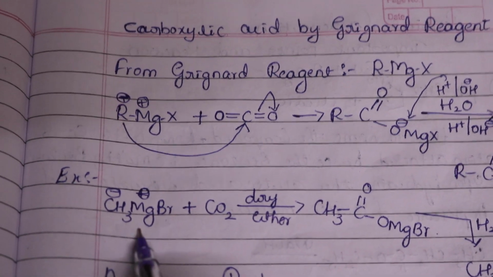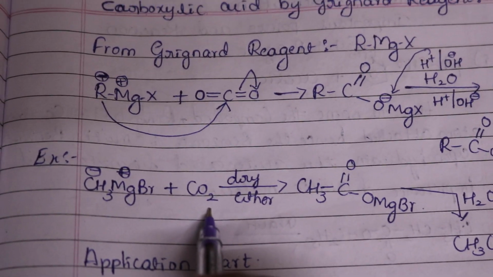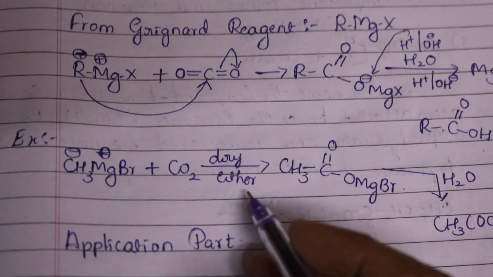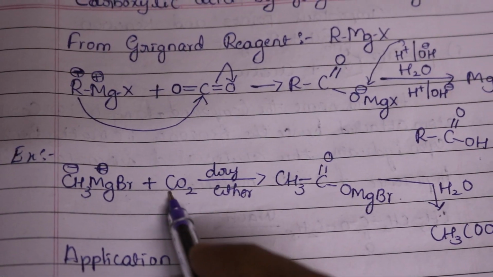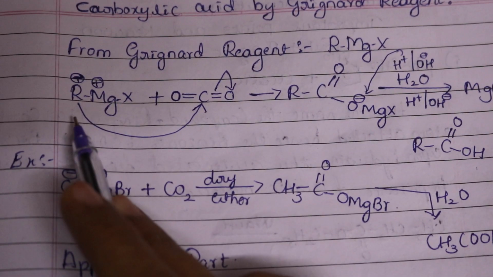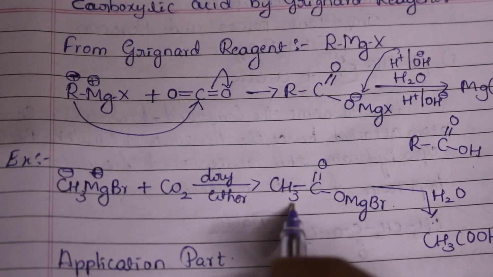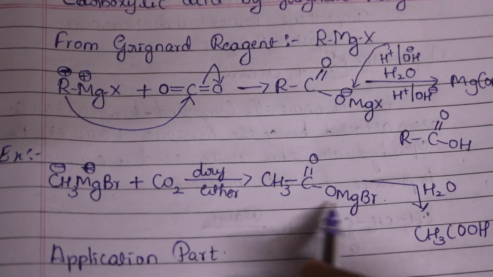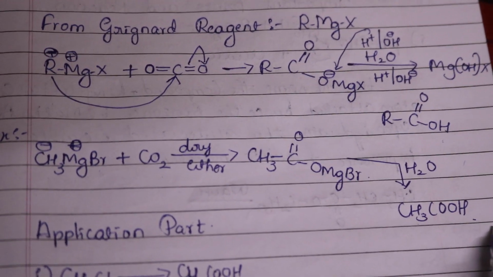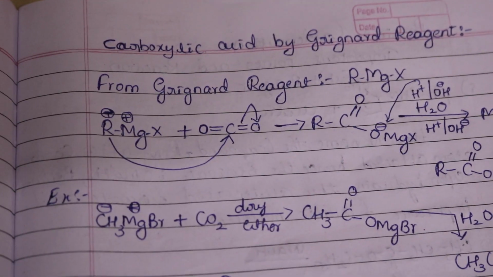So methyl magnesium bromide, when treated with carbon dioxide, in the presence of dry ether, one of the reagents. Then the same reaction: oxygen acquires the electron from this pi bond, and this alkyl group, CH3, attaches to form CH3, C double bond O, OMgBr. When it is hydrated, you will get CH3COOH. This is the main part of the reactions of carboxylic acid.